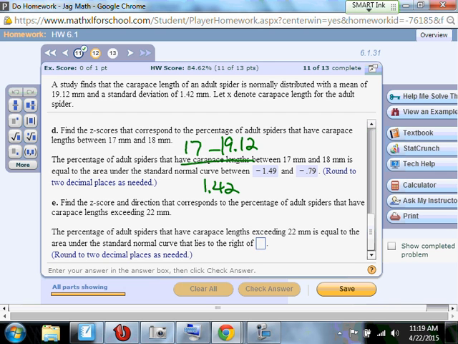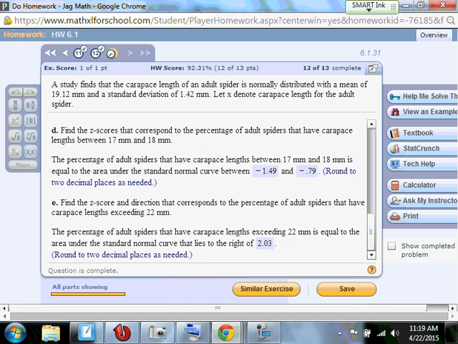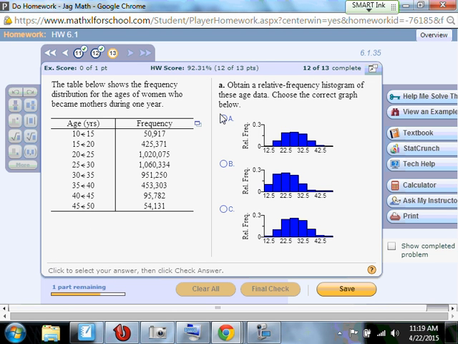So I'm going to repeat that for 22 for this last part, which is 2.03. And we're almost done. The last one, what's the graph look like?